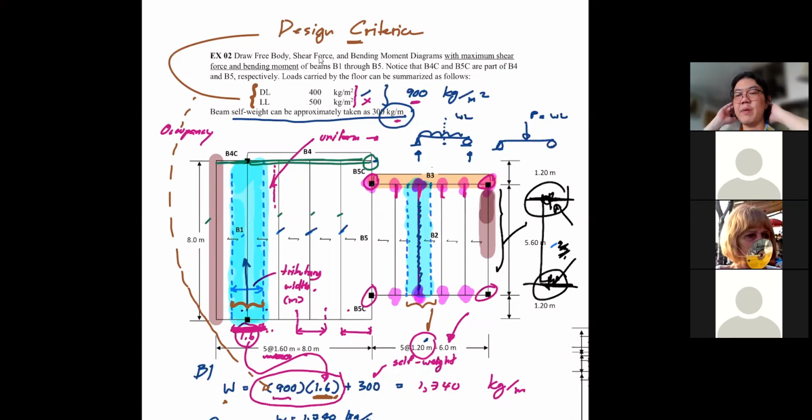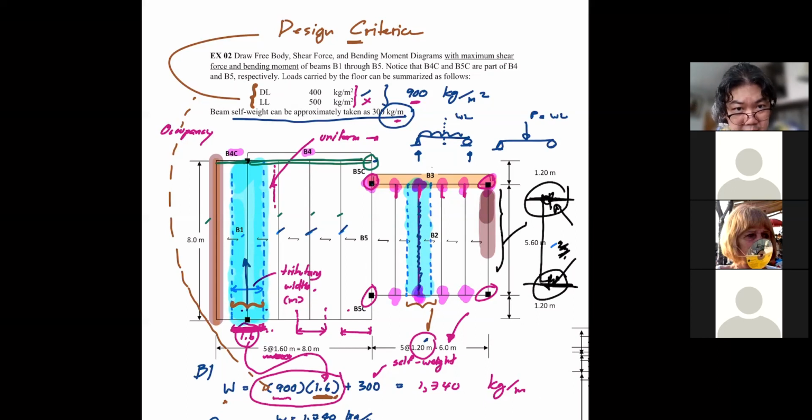So if you look at the plan now, it's a bit of a trick shot, because you need to be able to see that if you are going to take care of B4 here, you have the B5 here as well. Not B5, whatever this beam is. But this beam, when you look at this beam, what would be the support of this beam?